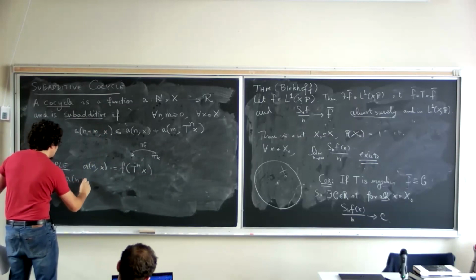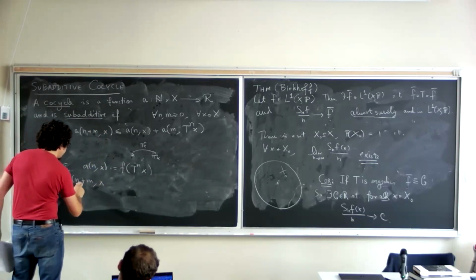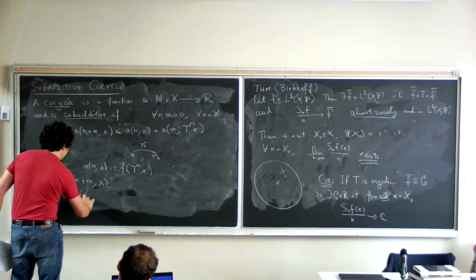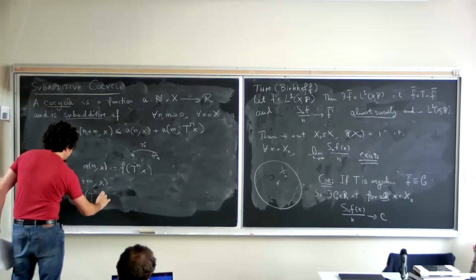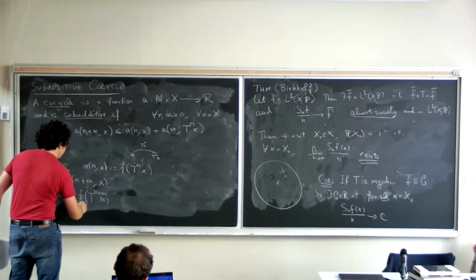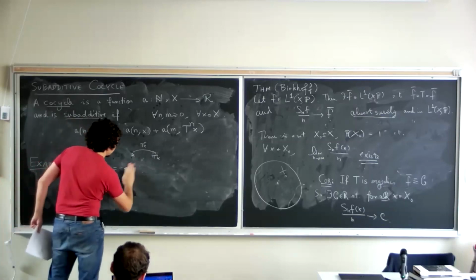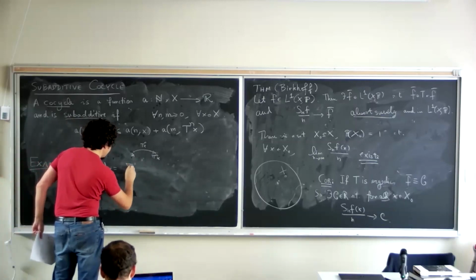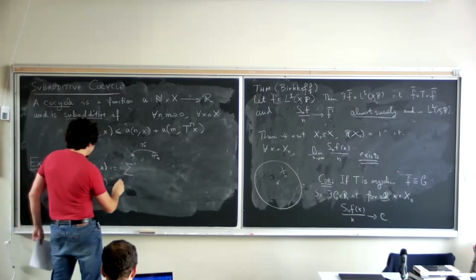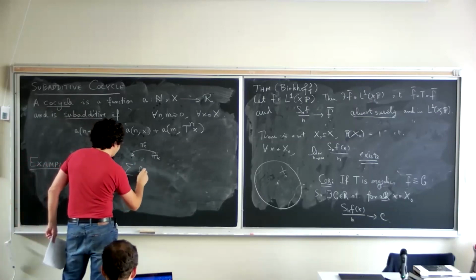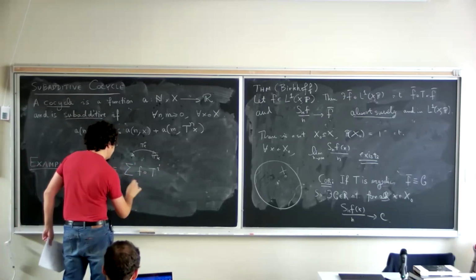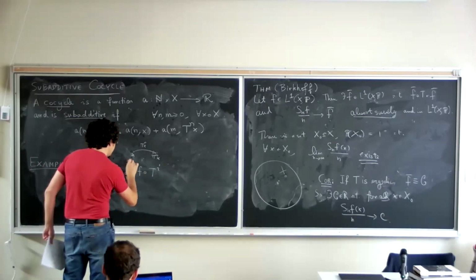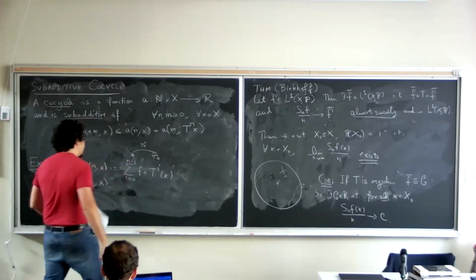A_{n+m}(x) is f of T^{n+m} of x. Sorry, this is the sum. Sorry, let's see. It's the sum of f composed with T^i, from i equals 0 to n, at x.